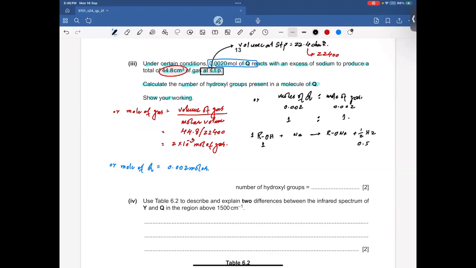If I need to produce 1 mole of H2, obviously this must be how much? 2 moles, right? Yeah, 2 moles of ROH. That means this Q contains 2 OH groups.